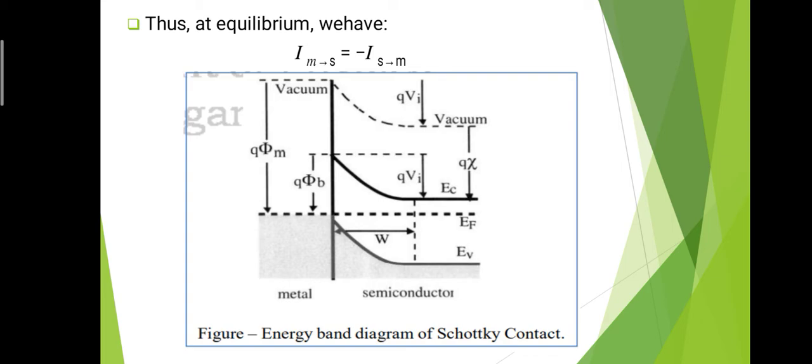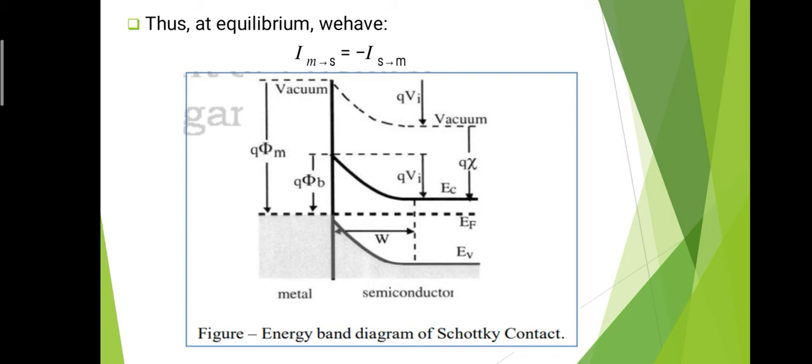Again, EC is the conduction band energy level, EF is the Fermi energy level for the semiconductor, EV is the valence band, and W is the depletion width, that is the depletion region at the metal semiconductor interface. Again, for the metal there is a Fermi energy level and a work function, that is q phi m, and q phi b is the barrier height for the electrons which lie in the metal.